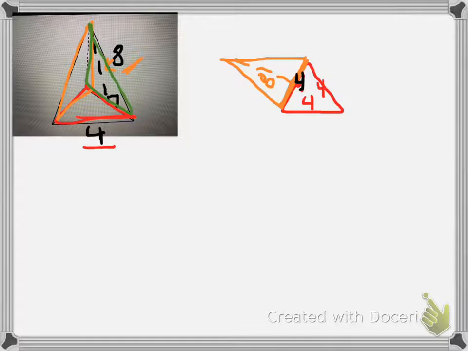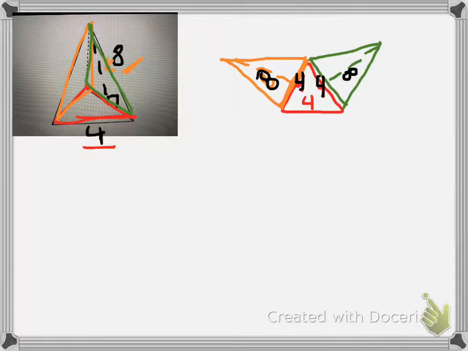All right, next triangle we're going to draw on our net is this back triangle over here on the right. We know that the base is 4. I'll do these in black so they're easier to see. And the height of our triangle here is also 8.